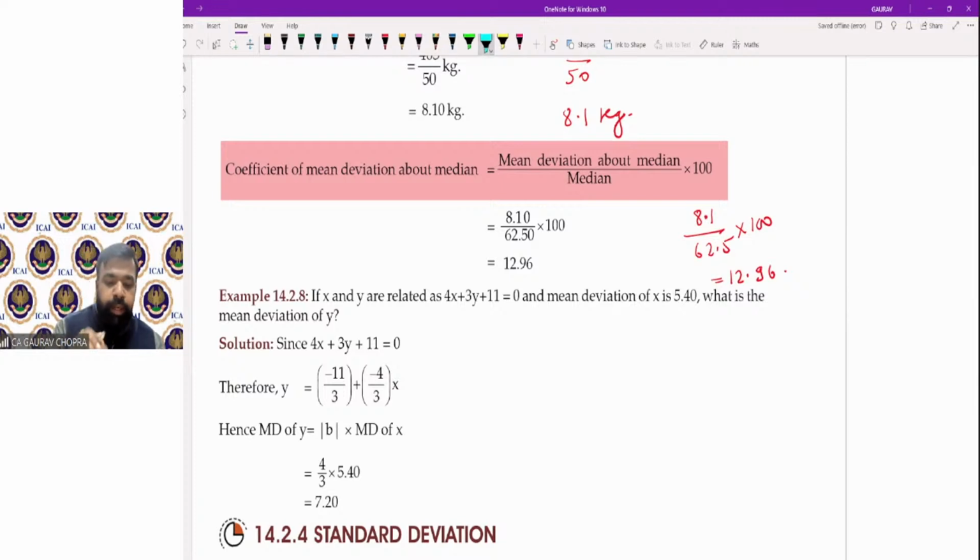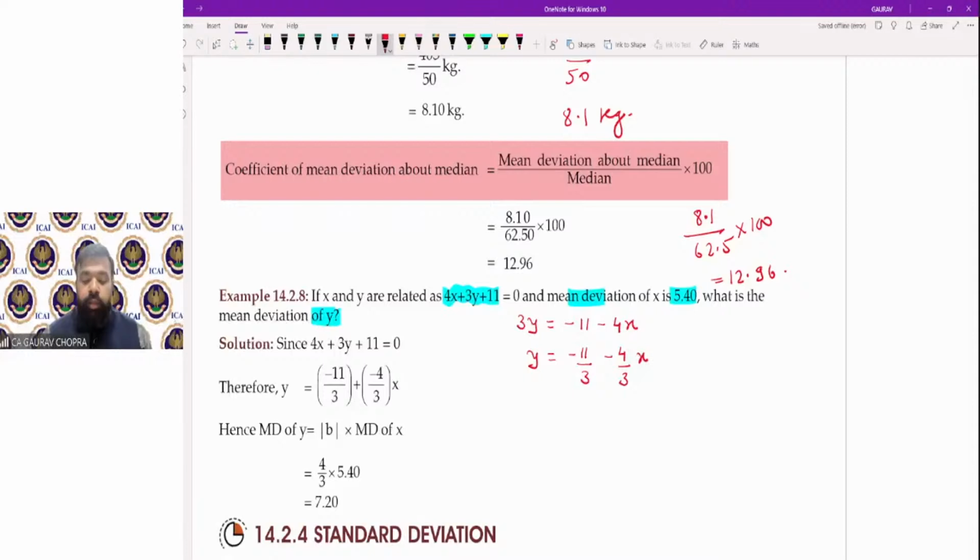So here again the equation is given: 4x plus 3y plus 11 equal to 0. Mean deviation of x is 5.4. Then what is the mean deviation of y? So arrange the equation first. 3y is equal to minus 11 minus 4x. y is equal to minus 11 by 3 minus 4 by 3 x.